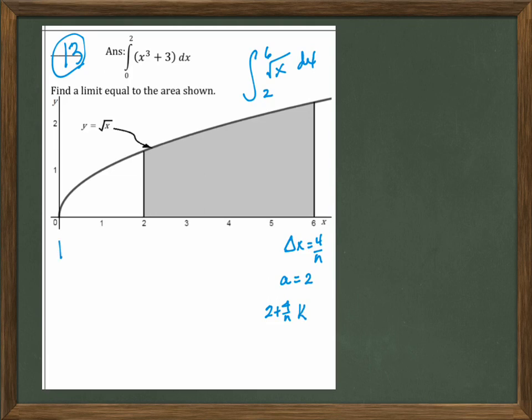So we would have the limit as n goes to infinity of the sum from k equals 1 to n of the square root of 2 plus 4 over n k, and that's it, times 4 over n. So nothing to simplify on that one.